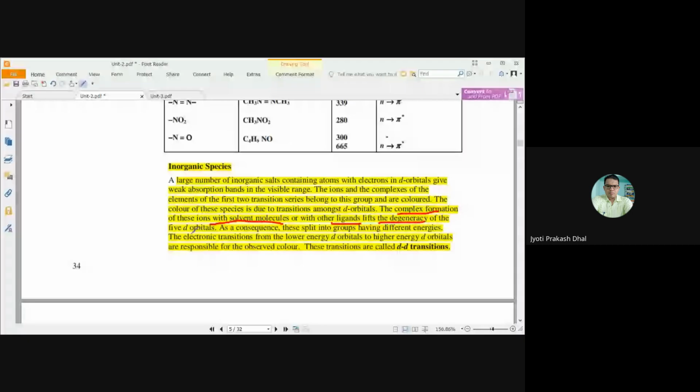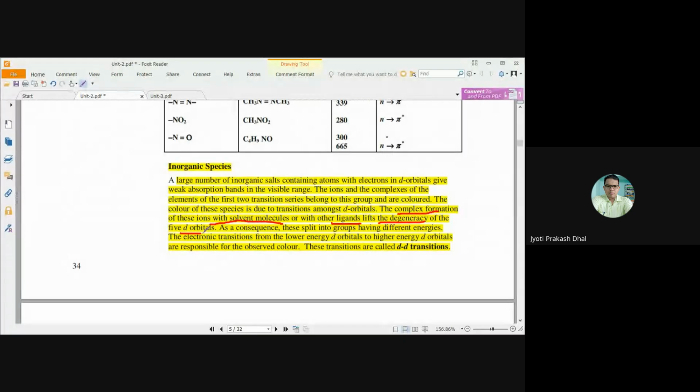So that means when the transition atom undergoes complex formation, when it is associated with different ligands, then the degeneracy of the d orbitals will be removed.